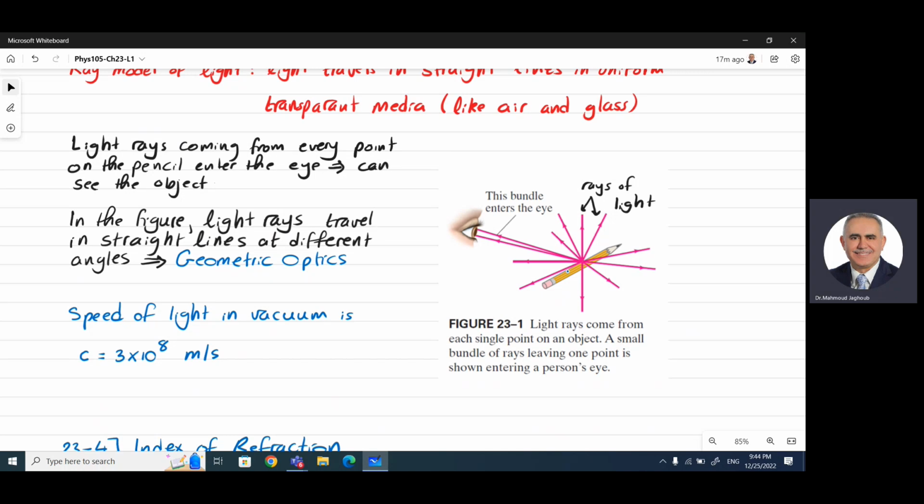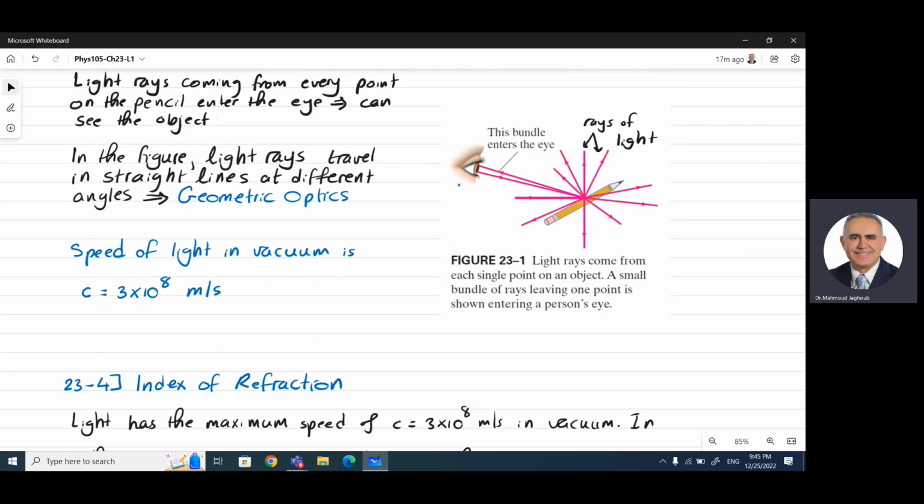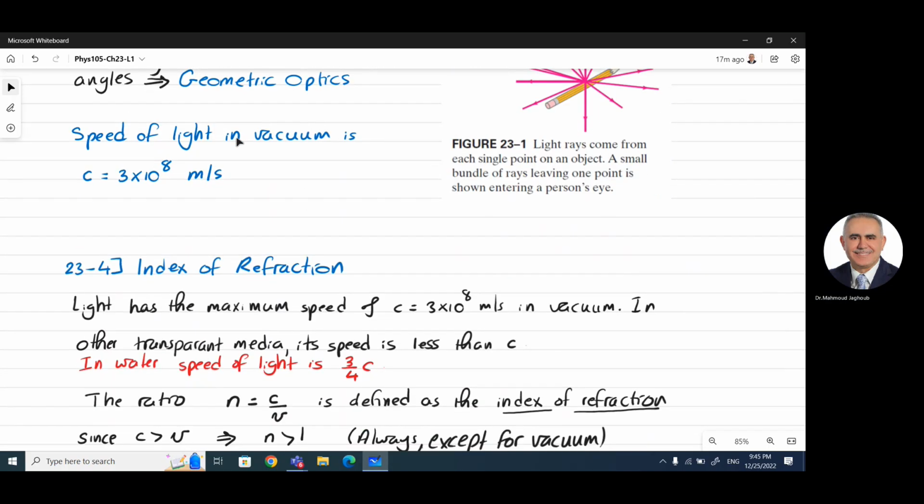This point of the pencil, and all points behave this way: light reflects off them, travels in straight lines, and falls on the eye, and therefore we see this pencil. We see objects because light reflected off those objects enters our eyes. This light which travels in straight lines in vacuum travels at speed c, which equals 3 times 10 to the 8 meters per second, the speed of light in vacuum.